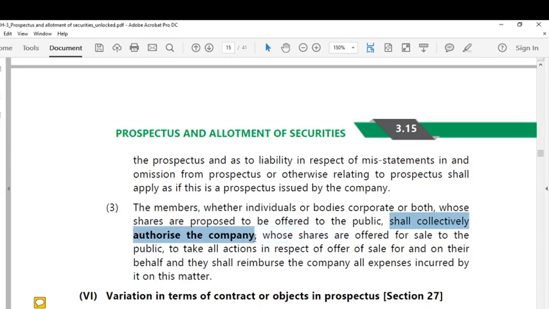So when a company sells the shares on behalf of the members, whoever is giving up their shares to sell to the general public shall collectively authorize the company, and whatever the expenses that are borne by the company to sell the shares of its members should be reimbursed to the company by these members.